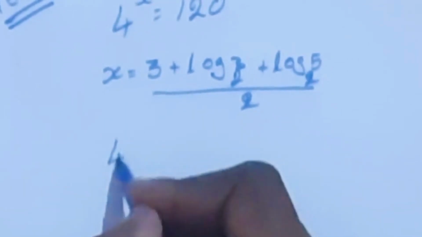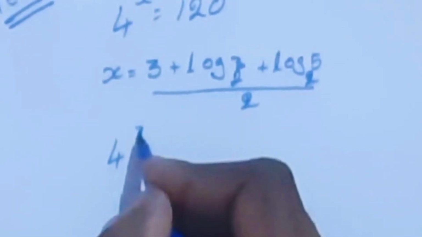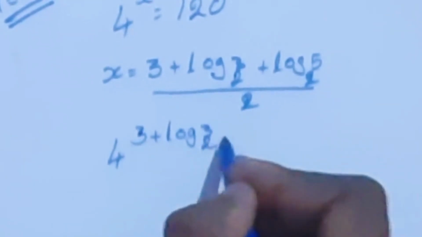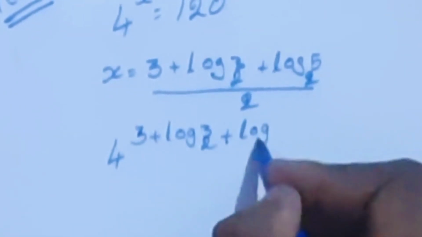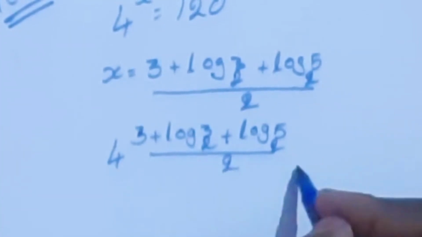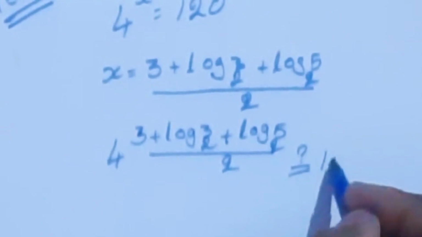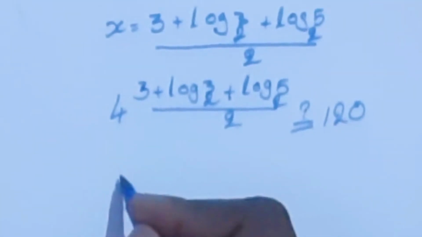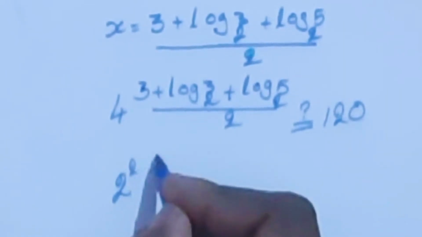So 4 power 3 plus log 3 base 2 plus log 5 base 2 whole divided by 2 equal to 120. Now this 4 can be written as 2 power 2.